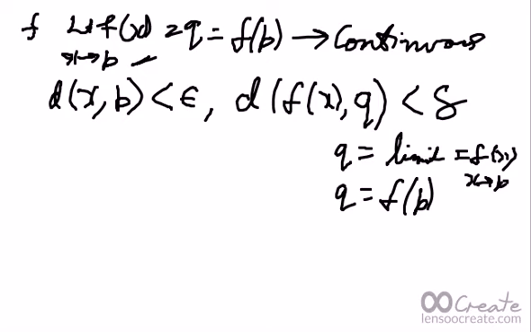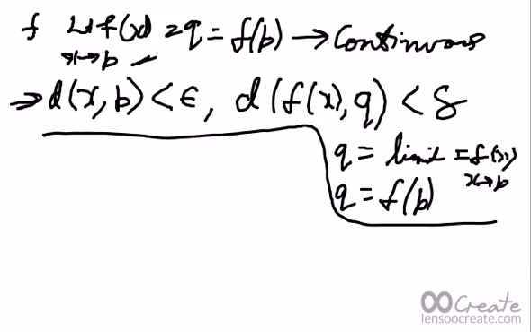So this is called continuous, and for uniformly continuous this condition is valid for all points. That is, p is not any unique point, p is any point, and this holds true.